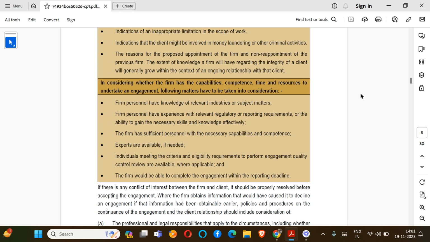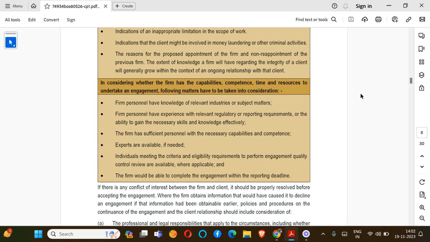Now you know how your client's internal control is, and which business practices they follow. How important is it for the management, the TCWG, those charged with governance, to follow accounting standards, how aggressively they follow all the responsibilities while preparing the financial statements.